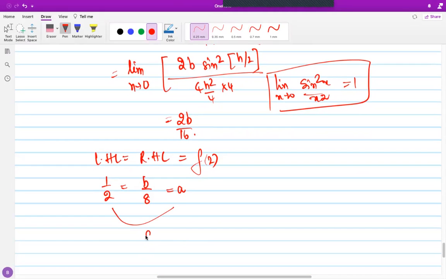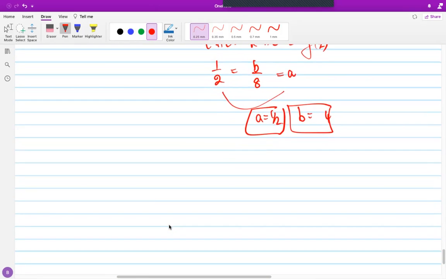So just equate: a equal to half and b equal to 8 by 2, that's equal to 4. The 10th question is also similar. You have to get a equal to half, and a equal to half is the answer.